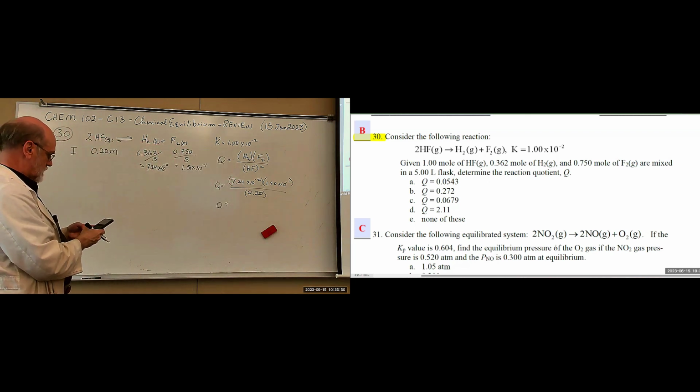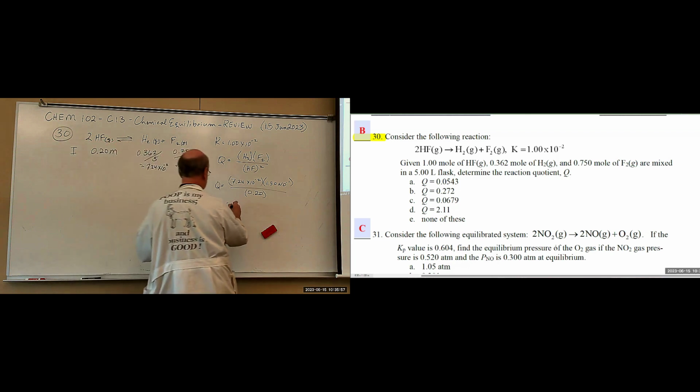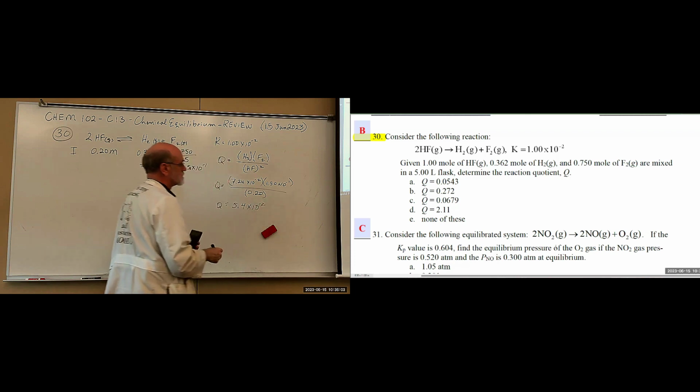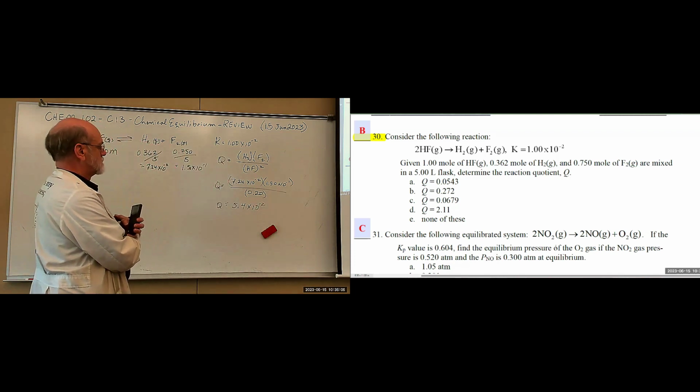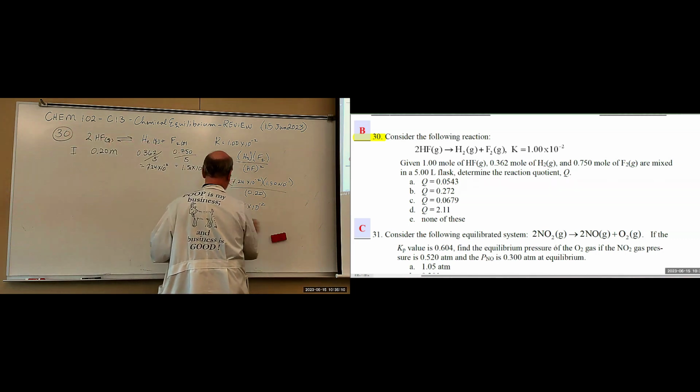And let's see, multiply these together. So I get 5.4 times 10 to the minus 2. Oh, standard notation. Right.